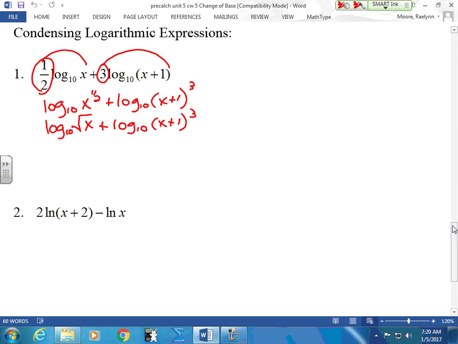Okay, and now I need to condense this. I've got 2 logs with an add. I need to condense this into 1 log. So think a minute. When you were adding exponents, what were you doing to the bases? Multiplying. So this guy becomes the product. One log statement. It's got to come down to 1 log. 1 term. Yes.